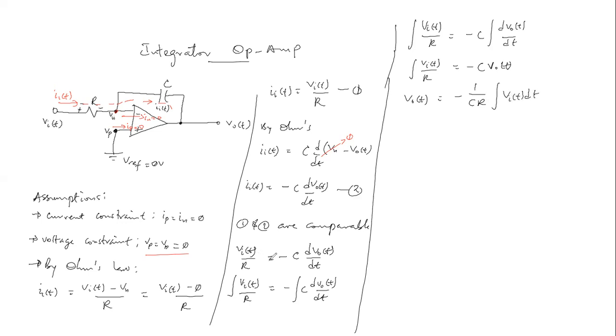Okay? So once we integrate, this will be with respect to t, dt. That's fine. Good. Now, you'll observe that the CR, or better still RC, whichever way you place it, is the gain constant.